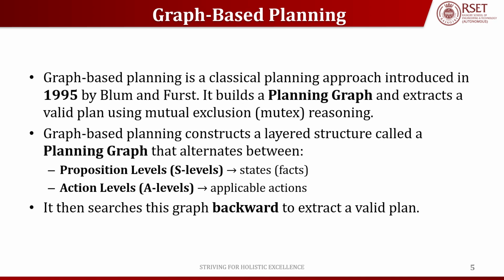After constructing the graph forward, the algorithm searches backward to extract a valid plan. This approach combines both forward graph construction and backward plan extraction. This means that there are mainly two phases of graph-based planning: phase one is graph construction, and phase two is plan extraction.